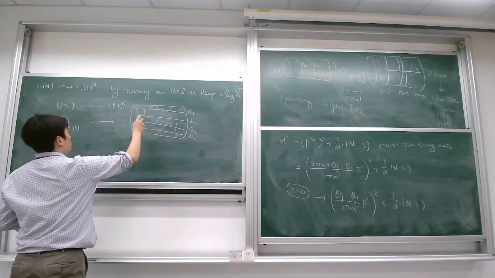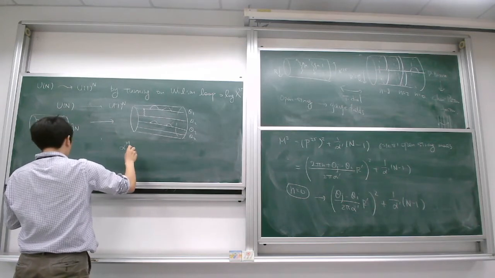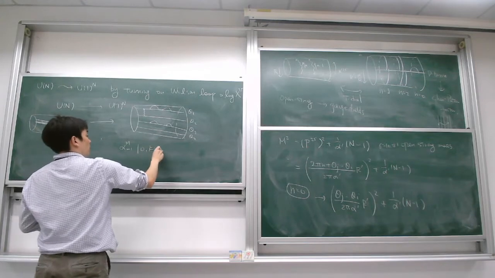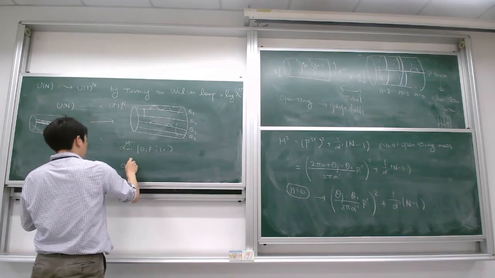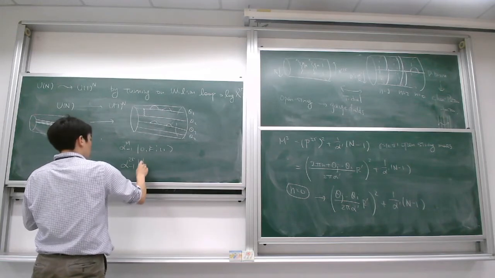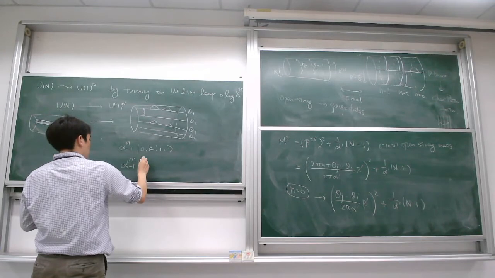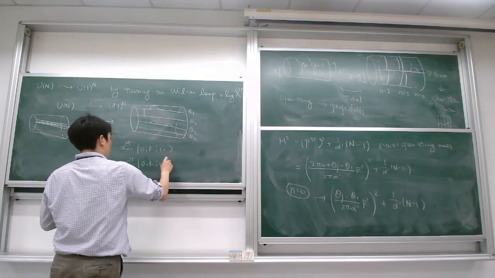In U(1) to the N, the corresponding vertex operator is given by the state with momentum k in the I direction, and this is massless, alpha_{-1}^{25} k.